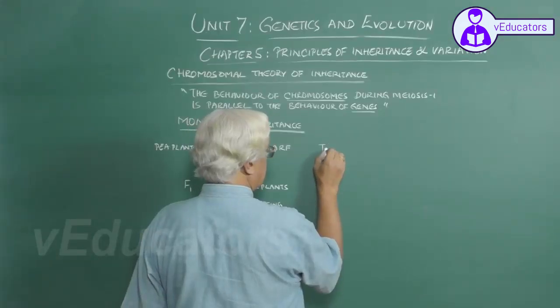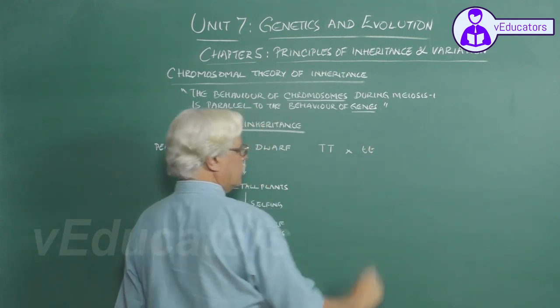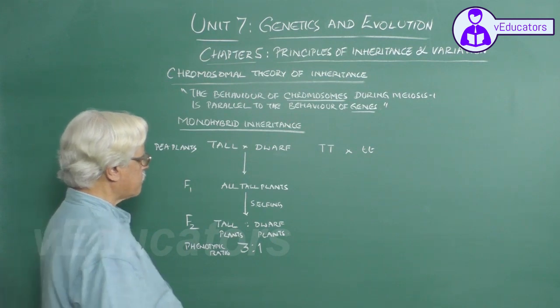So he represented the tall plant as capital T, and the dwarf plant as small t.